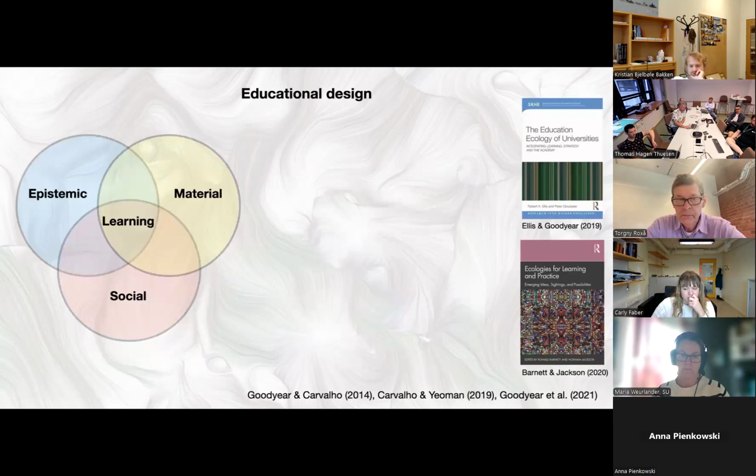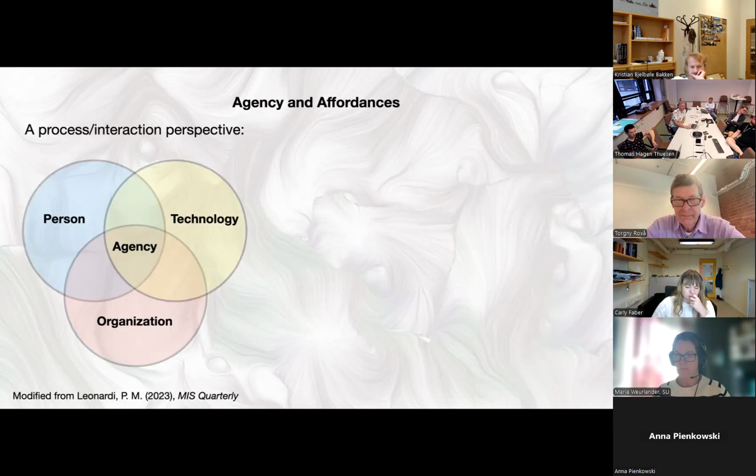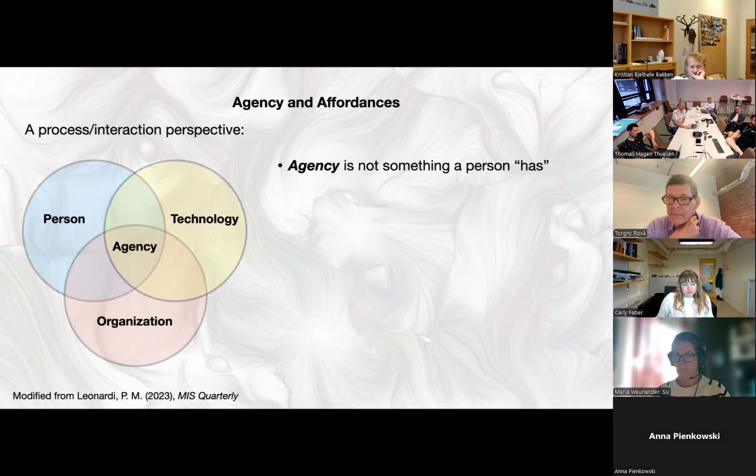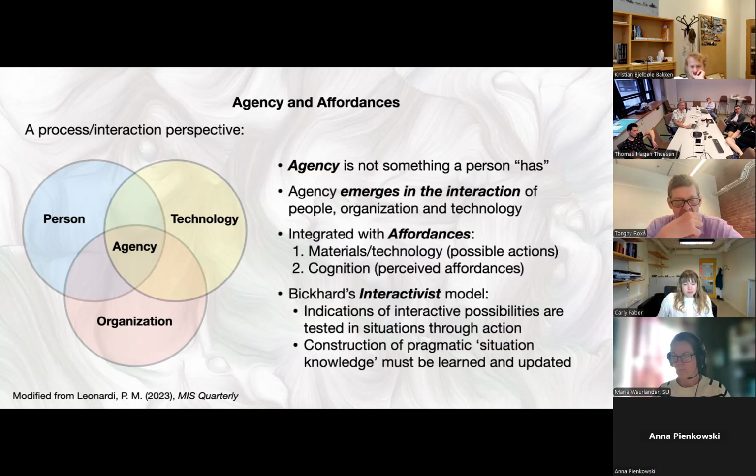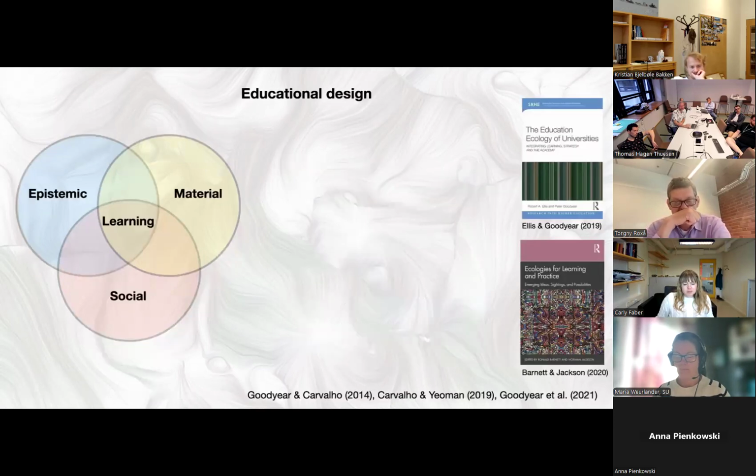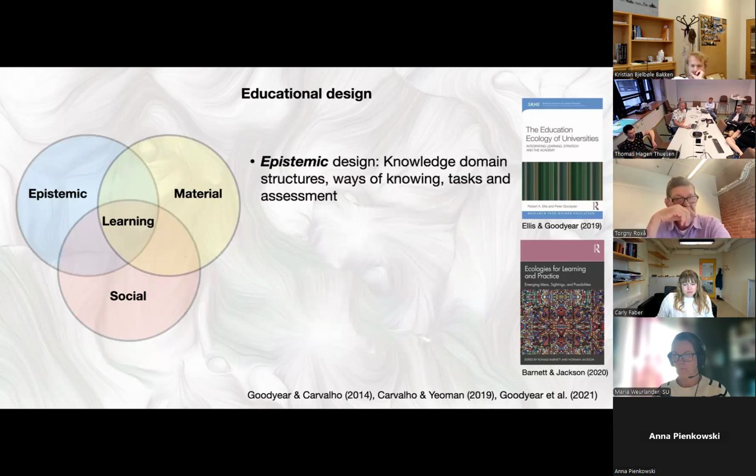And these three bubbles, if you look at the three bubbles on the view of agency, mirror ideas for educational design, saying that it emerges in the interaction between the epistemic, the material, and the social. And these three bubbles, to some extent, we can design them.